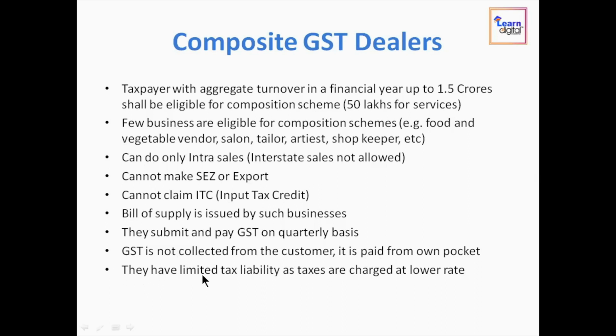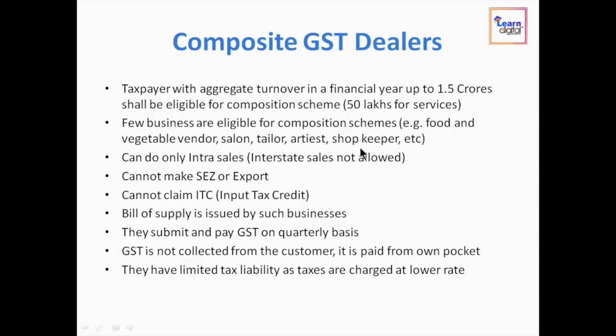They have limited tax liability as taxes are charged at a lower rate. For the composition scheme, tax is calculated on the turnover, and the rate for such tax is very, very low. So this is the composition scheme, but it is not available for all dealers.